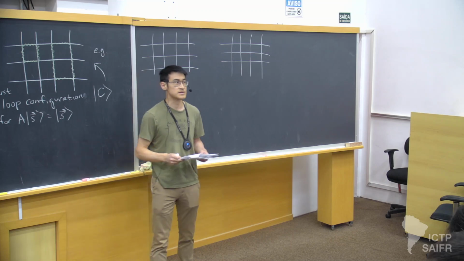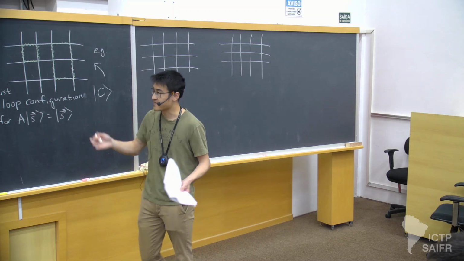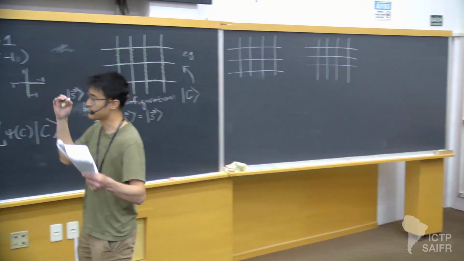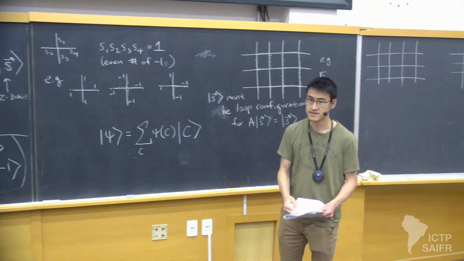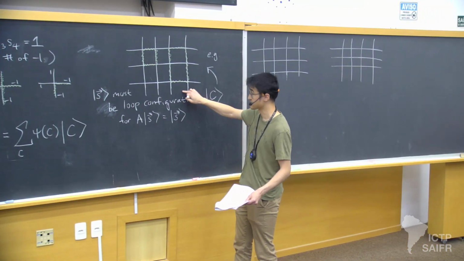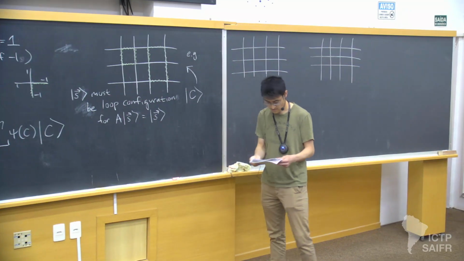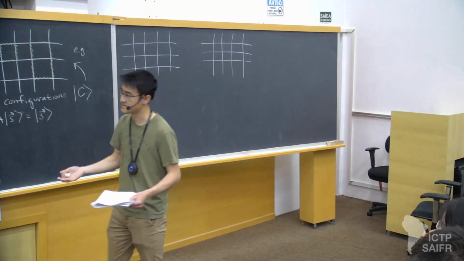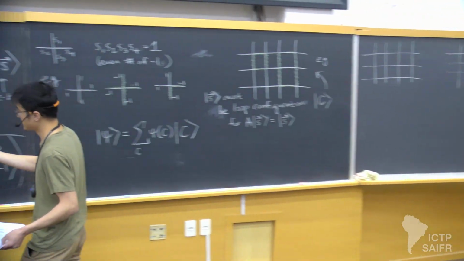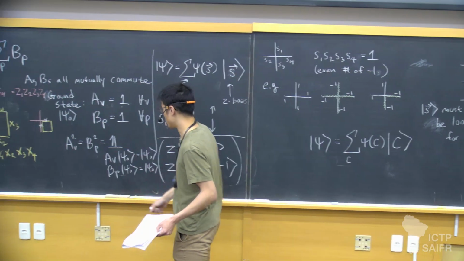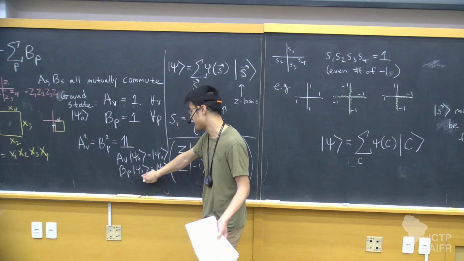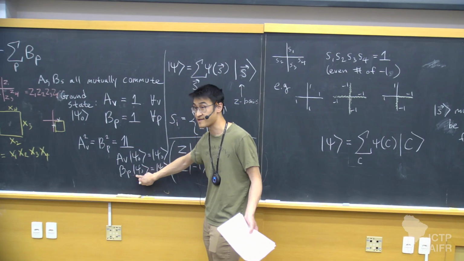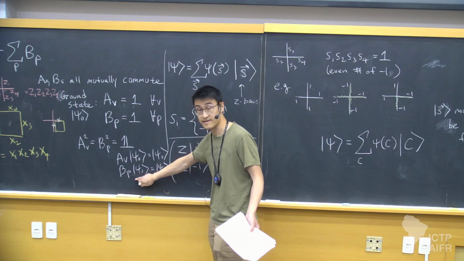Okay, great. So that's A. We completely built in the A constraint. That's reduced the Hilbert space to loops. So now we have to see what the B term is doing, right? We want to find some state that's also an eigenstate for the B's.